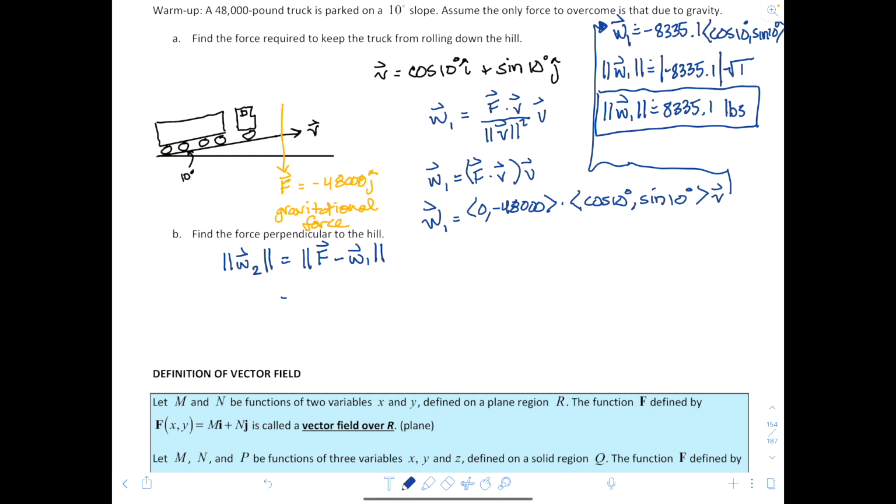So that would be the magnitude of negative 48,000 j, which was F, and then minus W1, which we can say plus 8,335.1 times cosine 10 degrees i plus sine 10 degrees j.